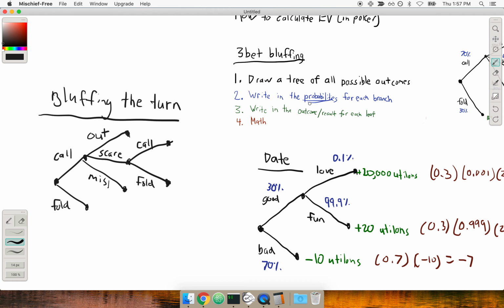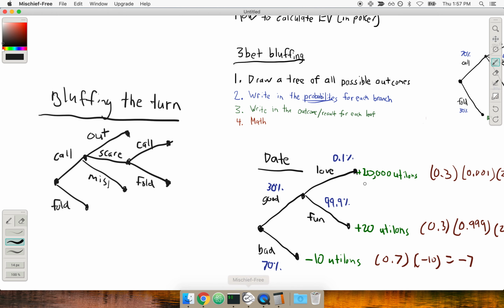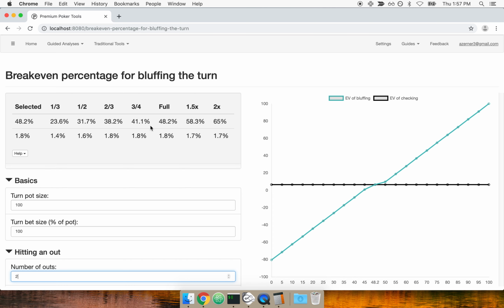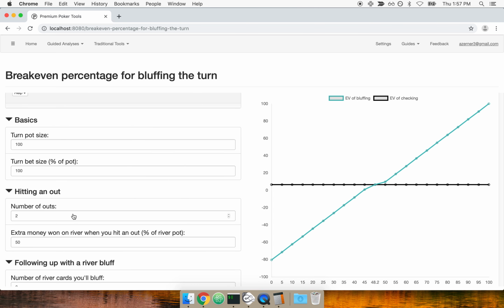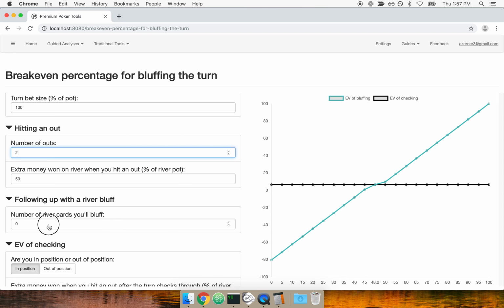And so to end the video, you're probably thinking this is a lot of math. I don't really want to sit here and do this. So I'm working on something called Premium Poker Tools, and I built this tool to help you figure out the expected value of bluffing the turn. There are all these variables. You can say how many outs you have, how much extra money you make when you hit your out, how many scare cards there are.